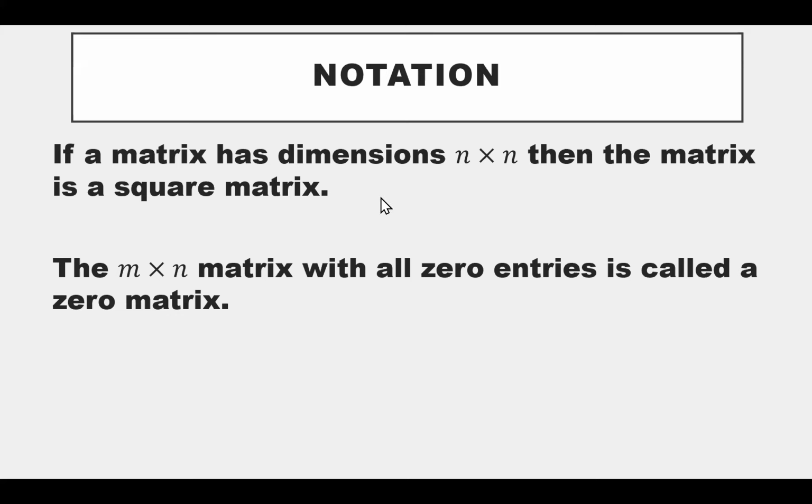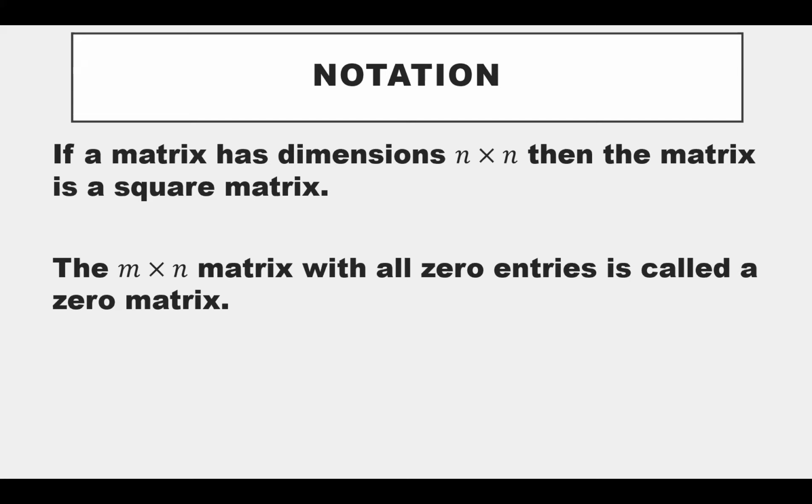Now, when the number of rows and the number of columns are equal, we call that type of matrix a square matrix. So the 3 by 3 matrix we saw on the previous slide, we would call a square matrix.